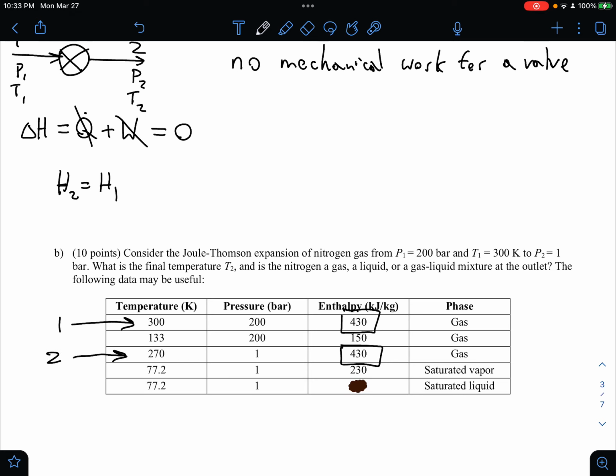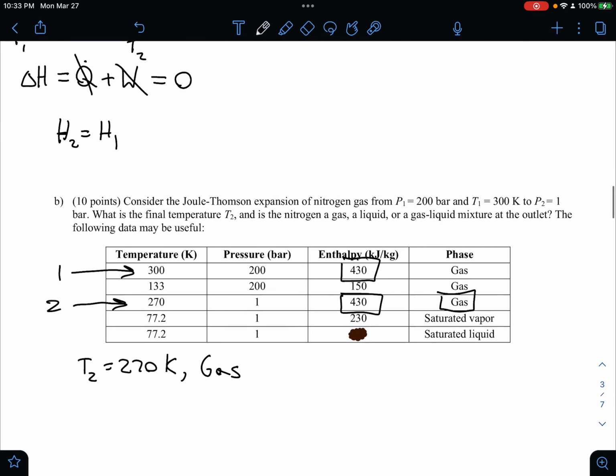And what are we asked to do? Okay, what is the final temperature? So that means T2 equals 270 Kelvin, and the phase is a gas. That's here. Okay, that looks right.